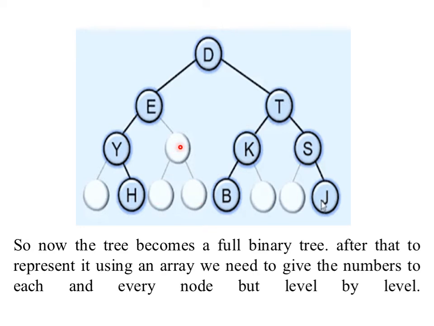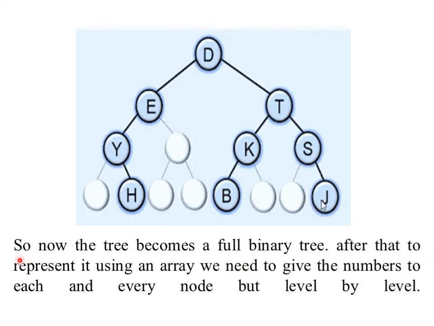Totally for the right side I need 3, and here one is missing on the left, that is for Y, and similarly for K it is missing one right child, and for S it is missing one left child. So now the tree becomes a full binary tree when we add these nodes.